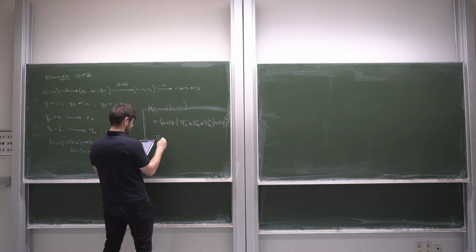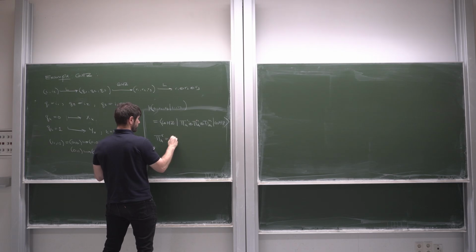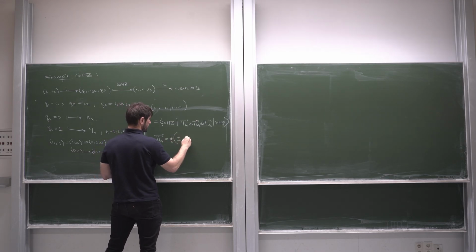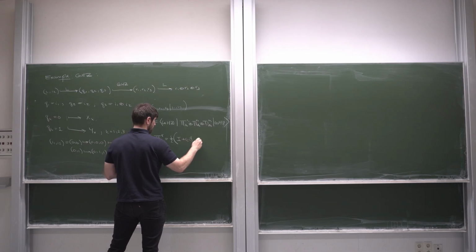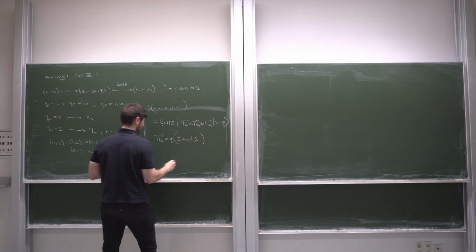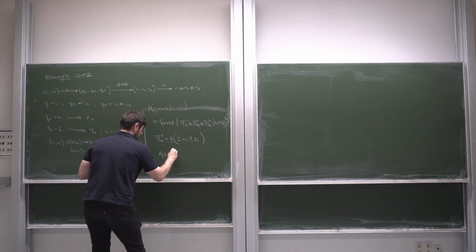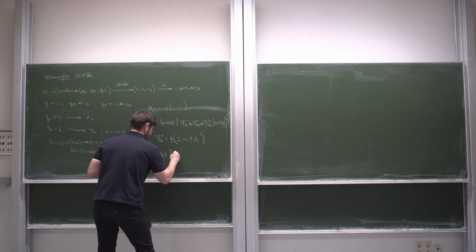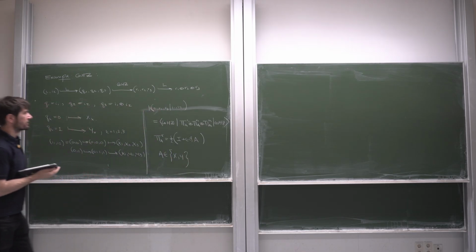So where pi A R is equal to 1/2 (identity plus (-1)^r times A), where A is a non-zero Pauli operator. In this case, it suffices to just think of these as being X or Y.